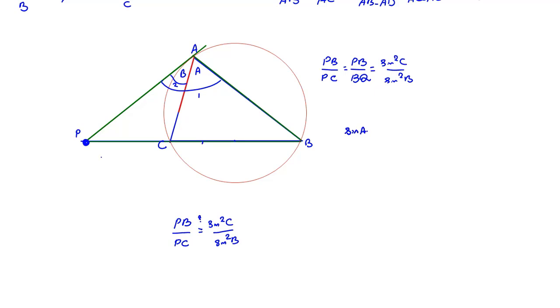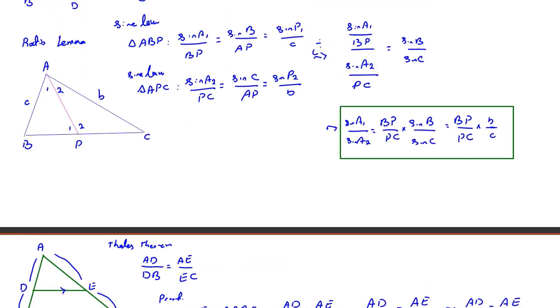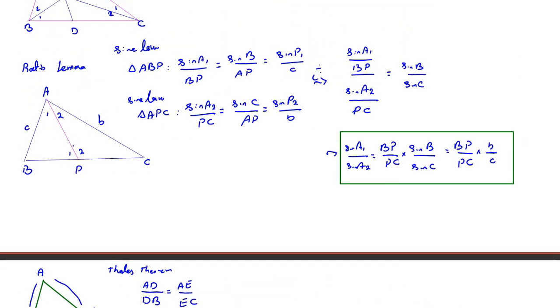Again, you can prove this ratio lemma by two sine laws. It is equal to PB over PC times, when you say A1 over A2, look, you should consider the farther side. Here, when it is A1, A2, BP, PC, the farther side is B with respect to A1, and for A2, C.